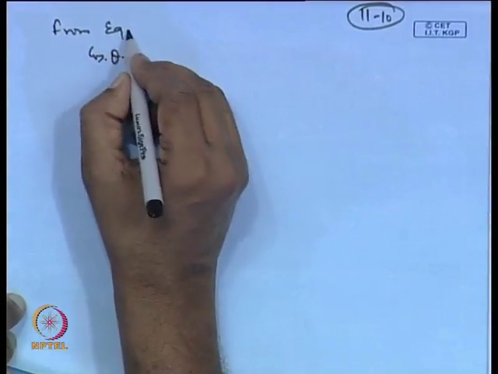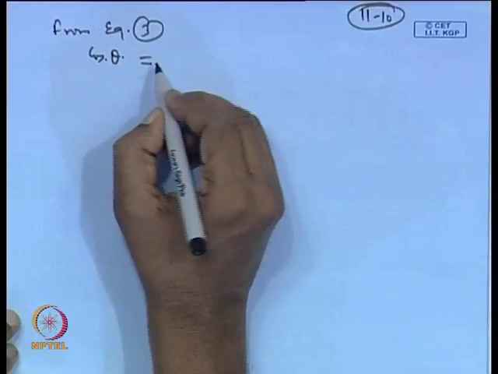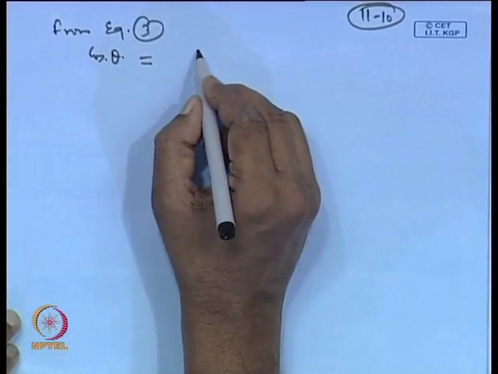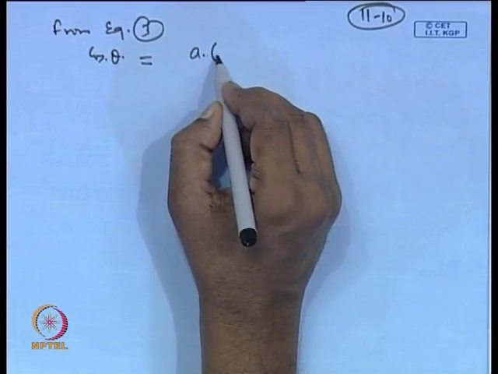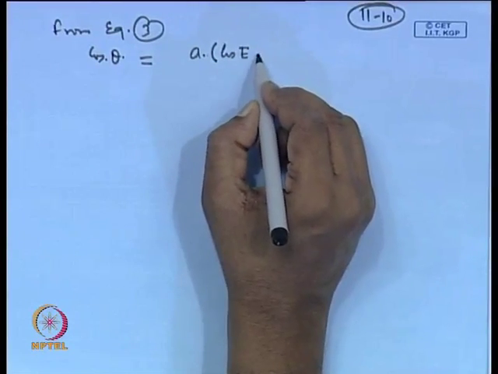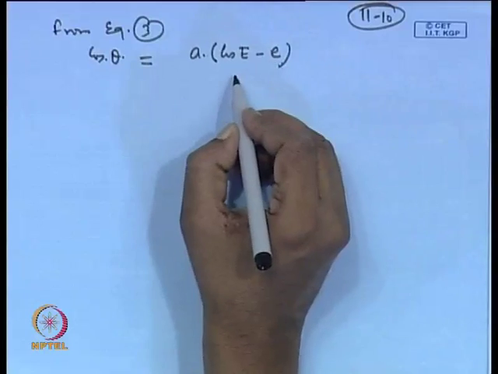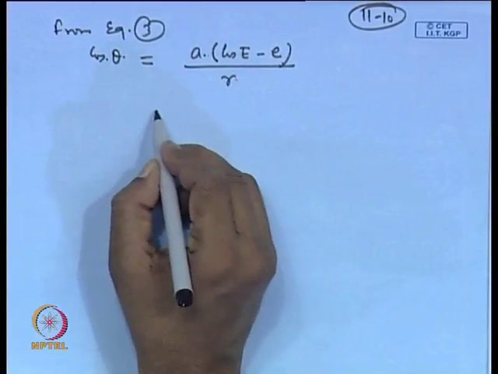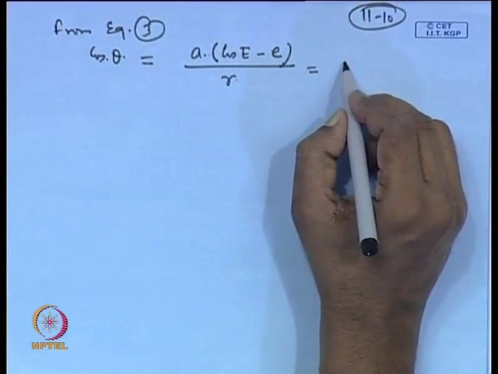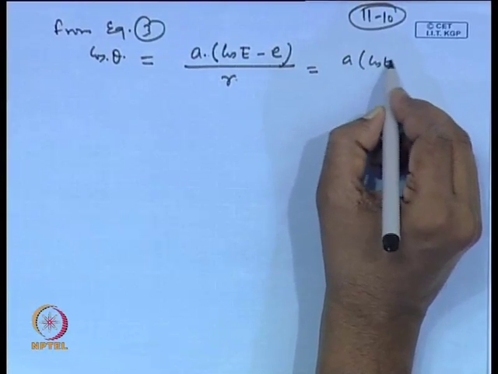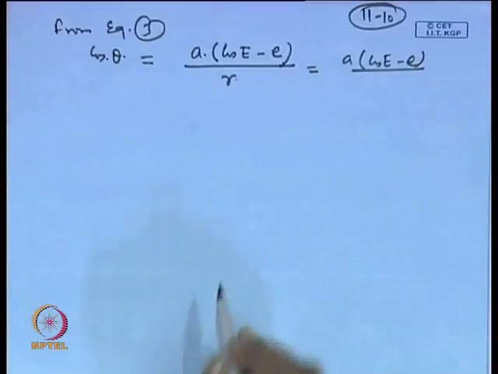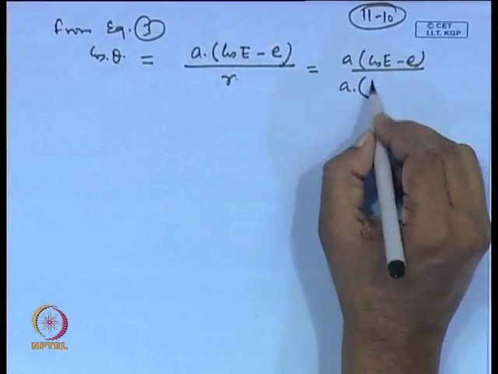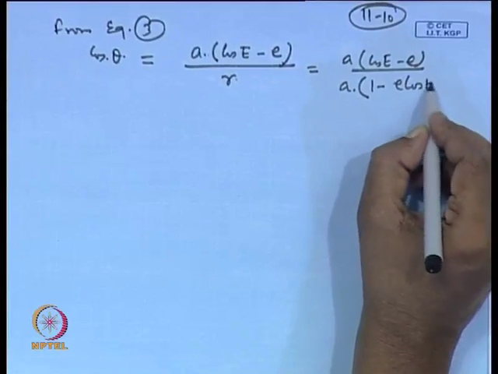So, from equation 3, cos theta can be written as a times cos e minus e divided by r. Okay. And r we know from equation number 5 is a times 1 minus e cos e.